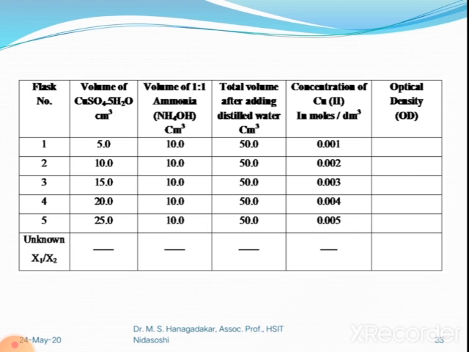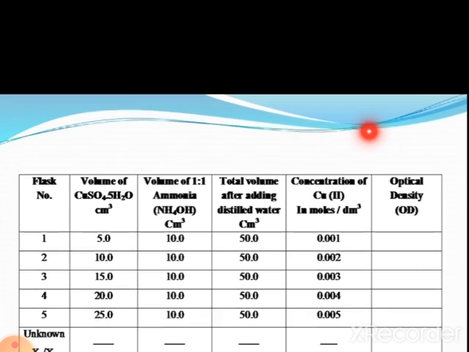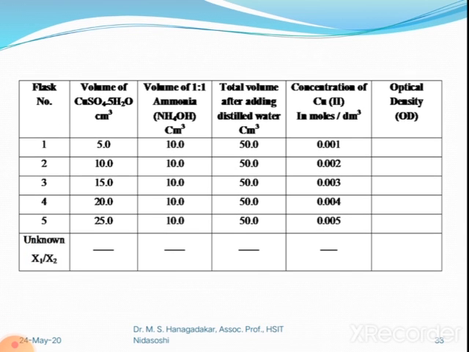So with the help of the colorimeter, you need to measure the optical density and read the absorbance after calibration with the blank solution, with zero adjustment using the 620 nanometer filter. It is observed that optical density values increase consistently as the concentration increases.